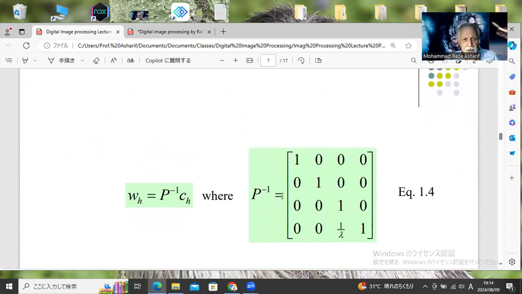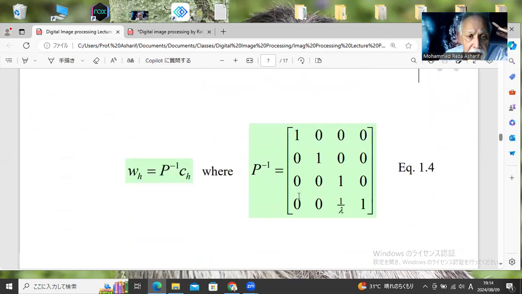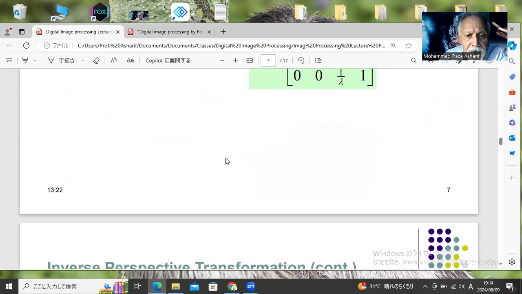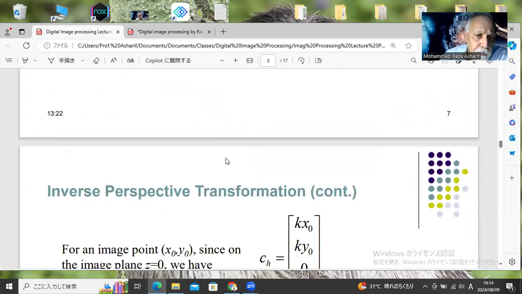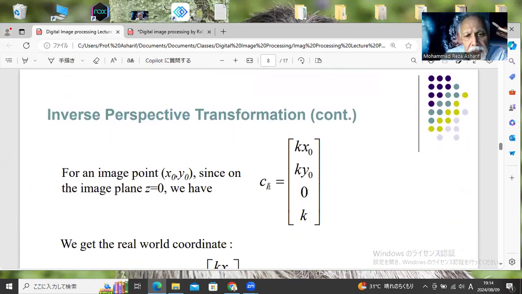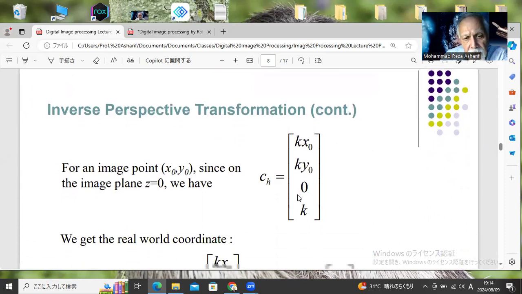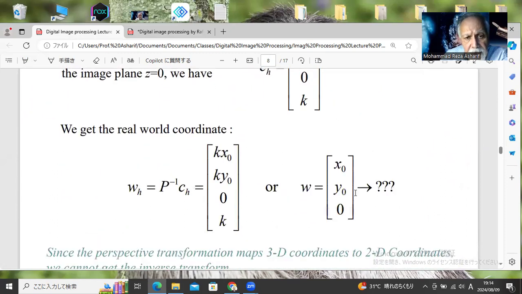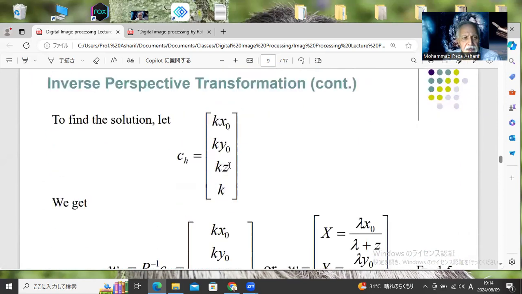The inverse perspective transformation is like this. If we multiply by this, then we return to the world again, but here a zero gives a very unexpected result, so we use the free variable z here.